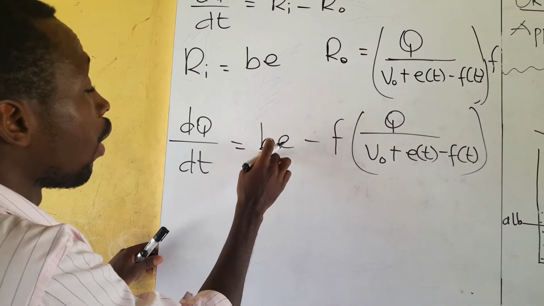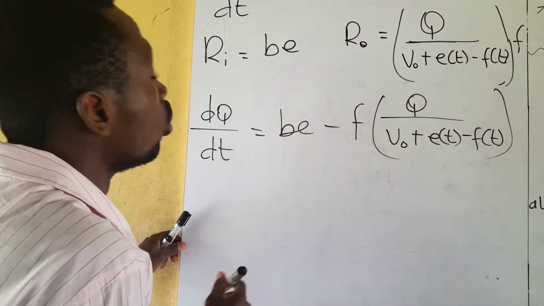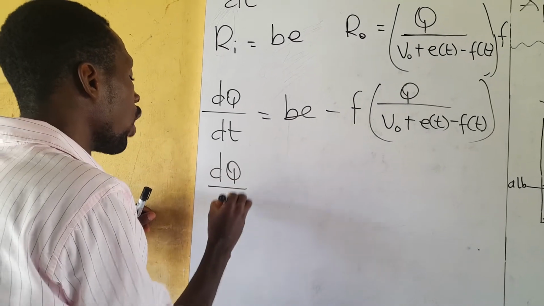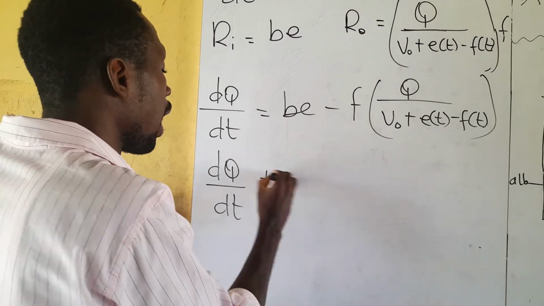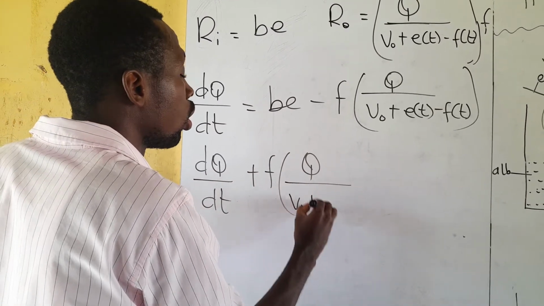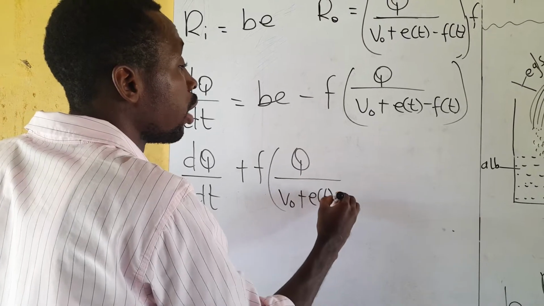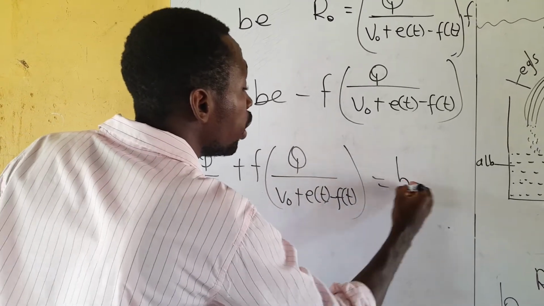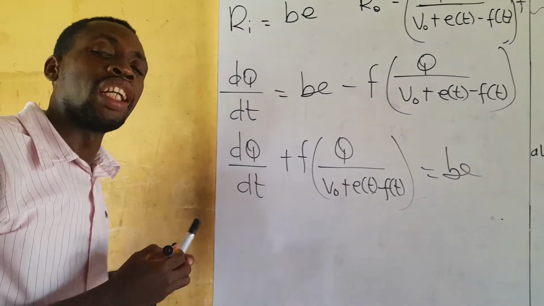So let's make BE the subject. So we can say dQ over dt plus F times Q over V naught plus E at any point in time minus F at any point in time is equal to BE. I hope you get that.